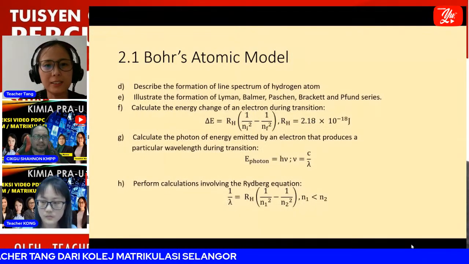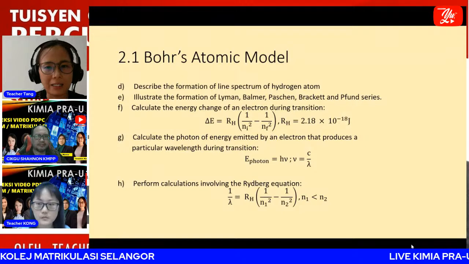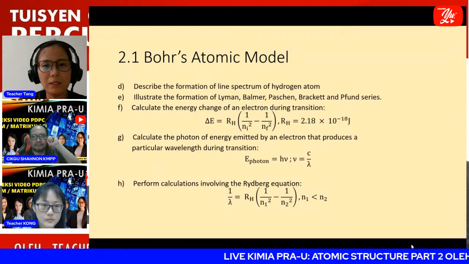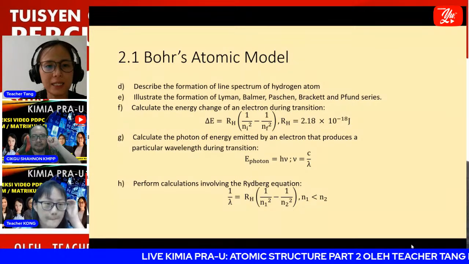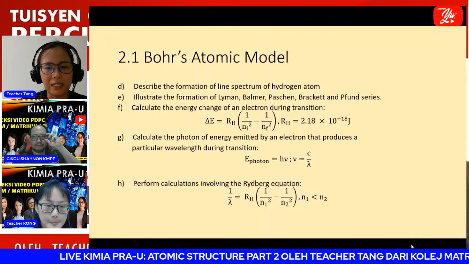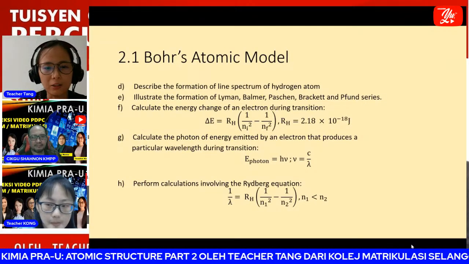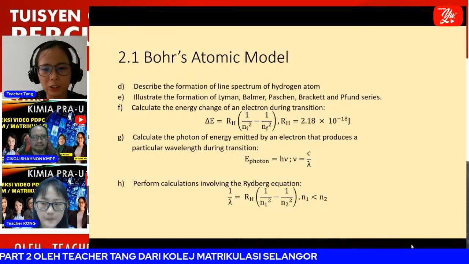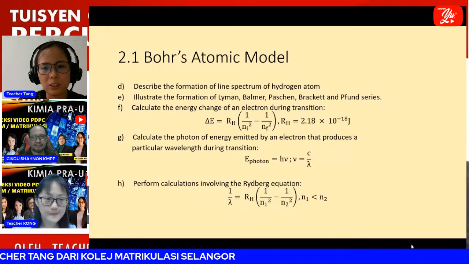Then describe the formation of the line spectrum of hydrogen atoms, illustrate the formation of the Lyman, Balmer, Paschen, Brackett, and Pfund series, calculate the energy change of an electron during transition, calculate the photon energy involved, and also perform calculations using the Rydberg equation.